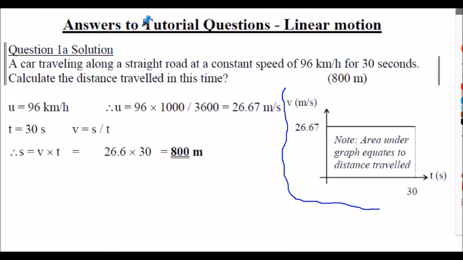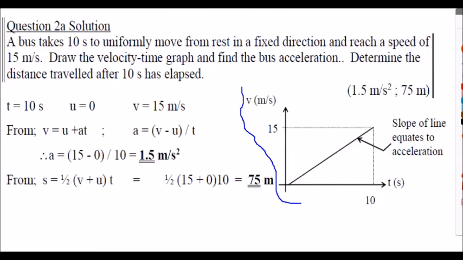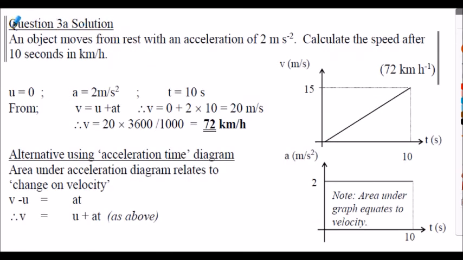Here are the solutions to some of the questions. Solution to question 1A, find the distance travelled. Solution to question 2A, finding the acceleration and also the distance travelled. Question 3A, calculating the final velocity in kilometers an hour.